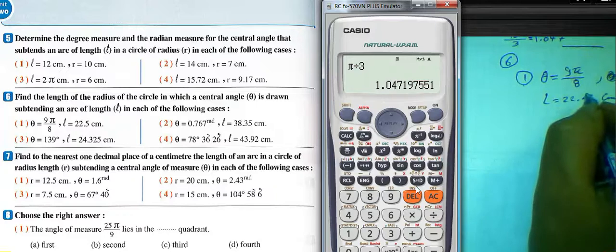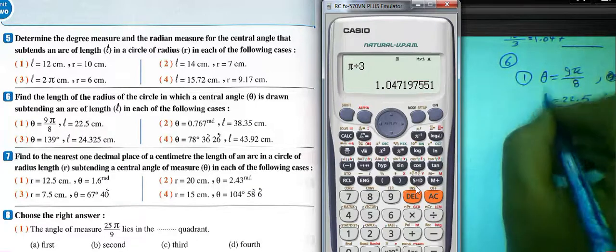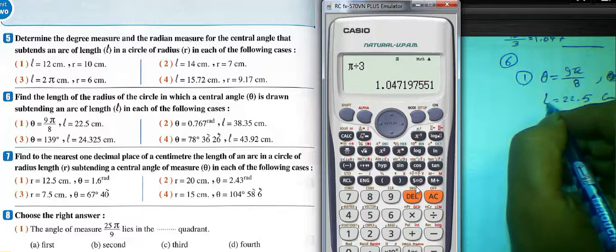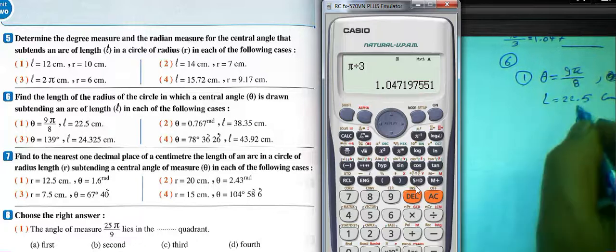He wants to find the radius; L and theta are given.